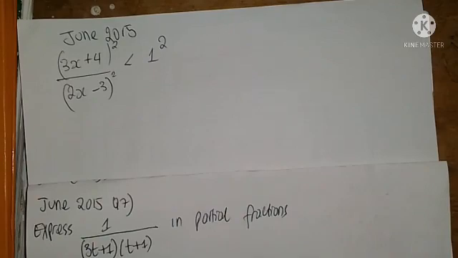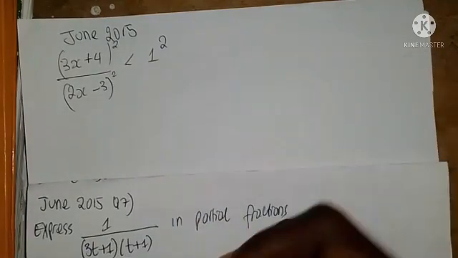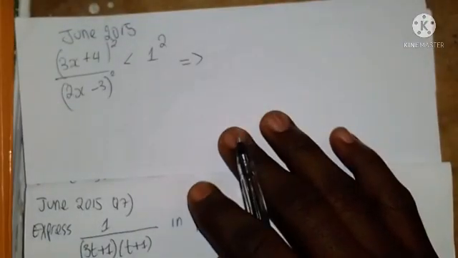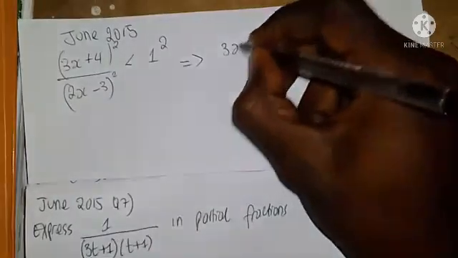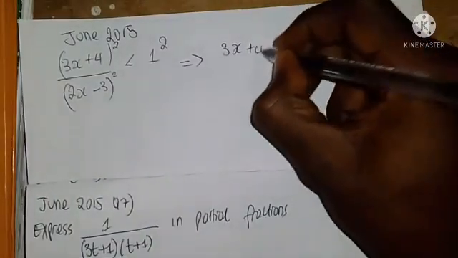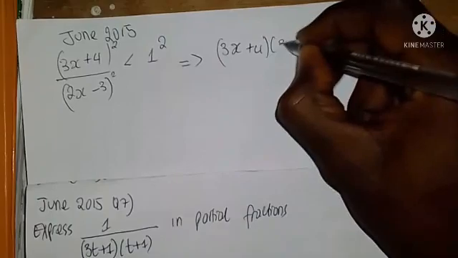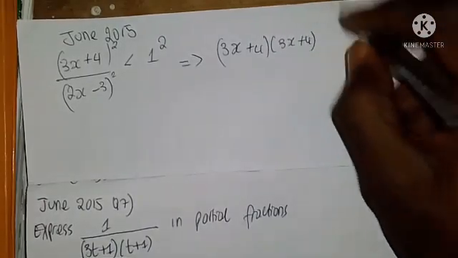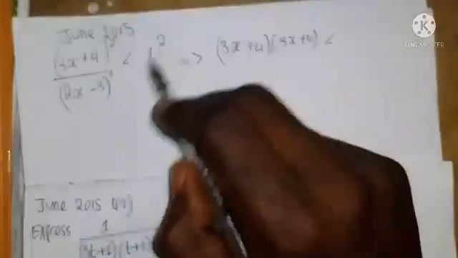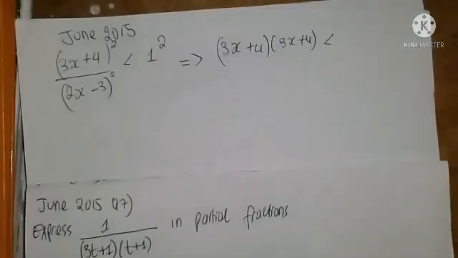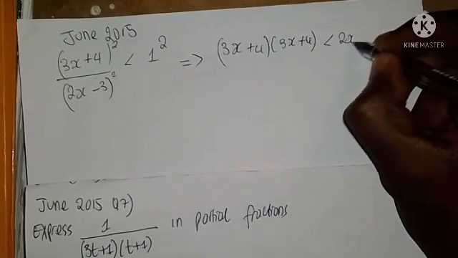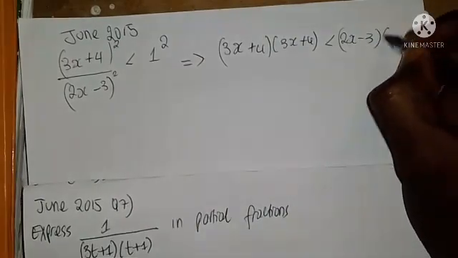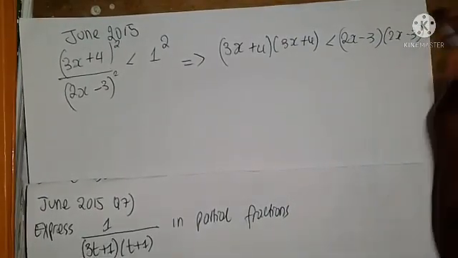Moving to the next step, we do a cross multiplication, so we have (3x + 4) squared less than (2x - 3) into (2x - 3).